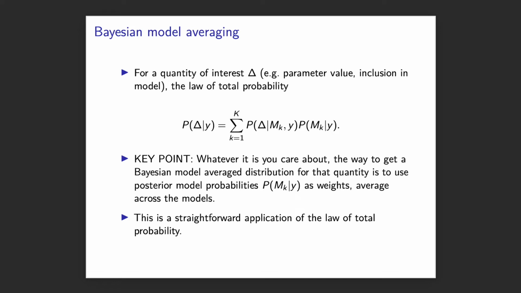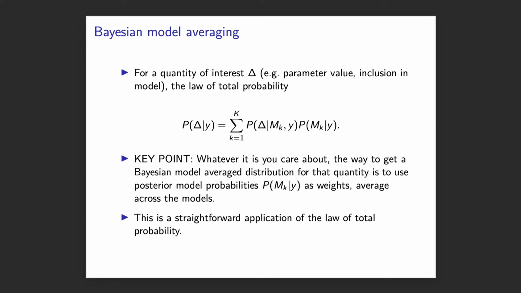So for any quantity of interest, this triangle is a capital delta. For example, you might be interested in the parameter value. If you're studying something and you really want to understand how important a parameter is, what's its posterior distribution, given all the candidate models, you might be interested in parameter value, or you might just be wondering what variables can I drop out.